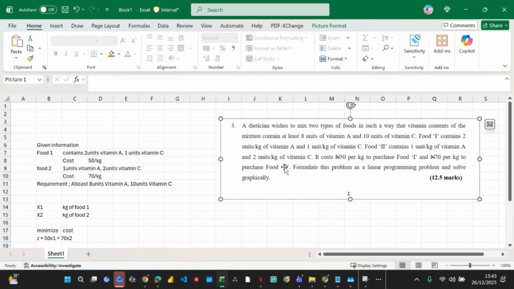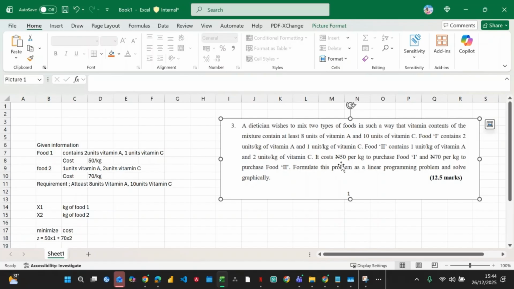Take note. Food two contains 1 unit per kg of vitamin A and 2 units per kg of vitamin C. If I go to the market to buy this food so that I start mixing, how many of this food would I buy that will give me these 8 units of vitamin A? How many of this food am I going to mix? That is what we are trying to solve here.